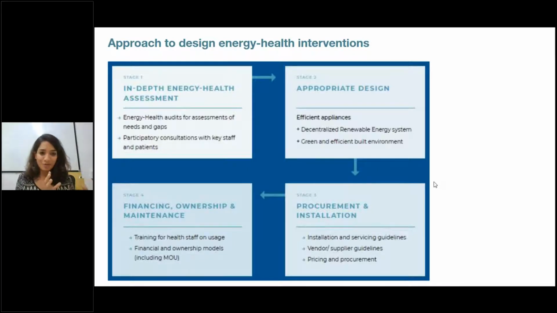And while we put financing and ownership as a last piece, it tends to come across the board of how do you make sure that all of this can be funded, but also then there is financing for the implementation itself and then the maintenance of these solutions, and ownership and maintenance happening at a health facility level, also in addition to energy stakeholders facilitating that maintenance. Thanks.